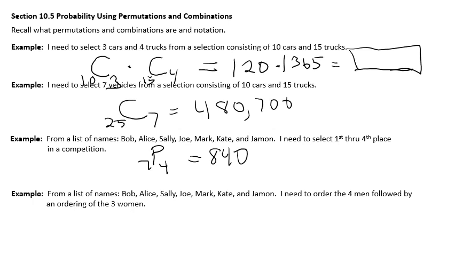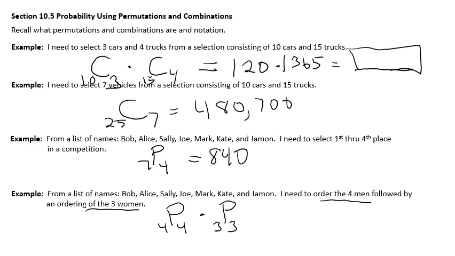I need to order the 4 men, followed by ordering of the 3 women. So in other words, I'm going to order the men. So this is a permutation of 4 pick 4. I need to order the women. That's a permutation of 3 pick 3. So I'm picking everybody, but I'm going to put the men in order.